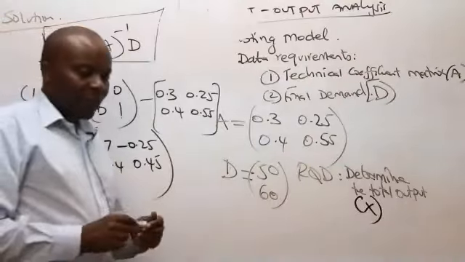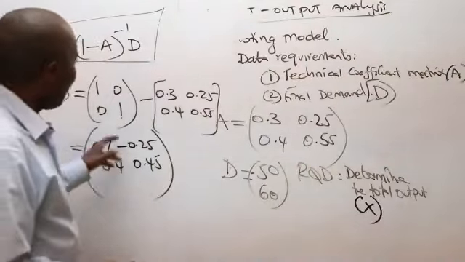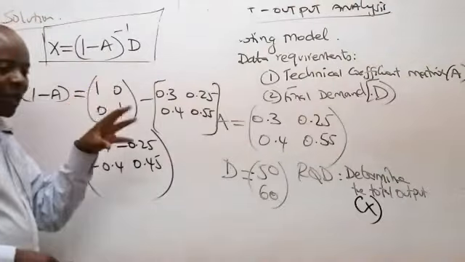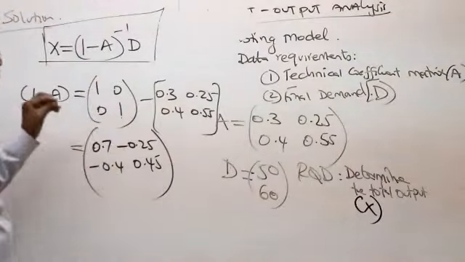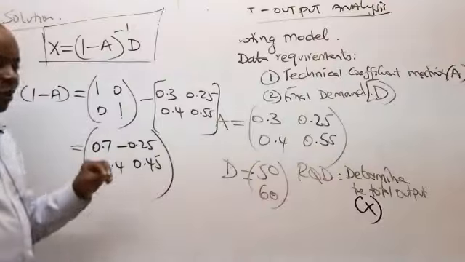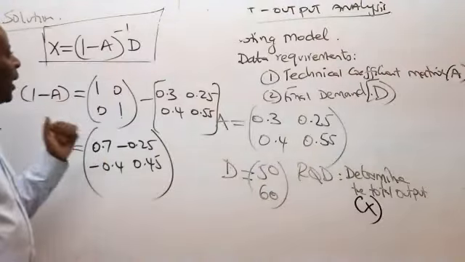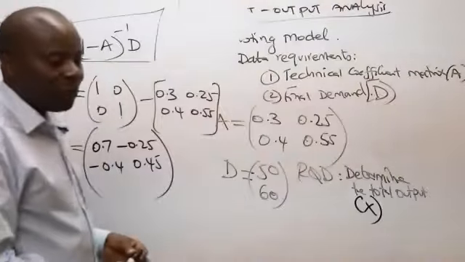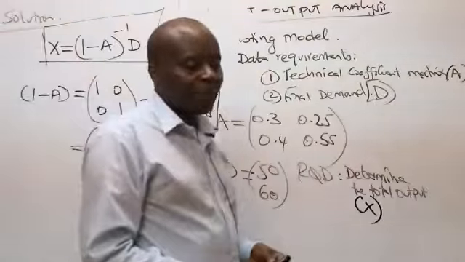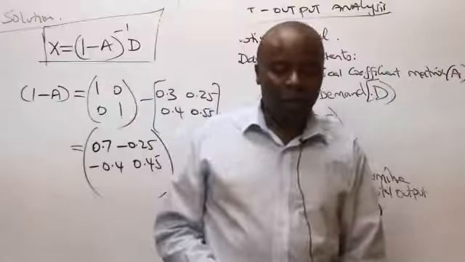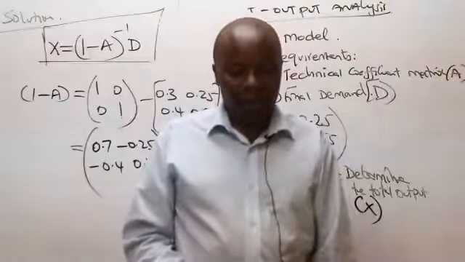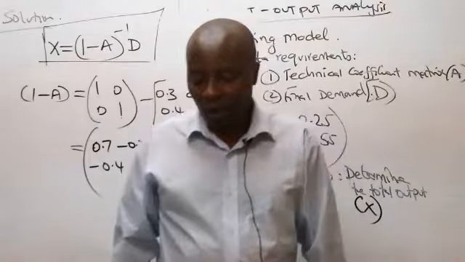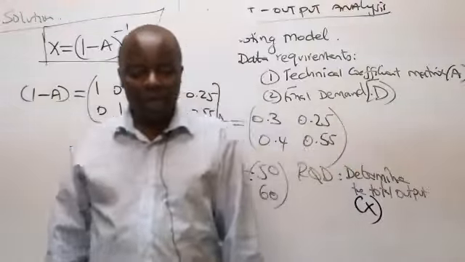Now, ladies and gentlemen, if you are a keen student, having gotten this that is in brackets according to the formula, what do you think will be the next thing to be done?